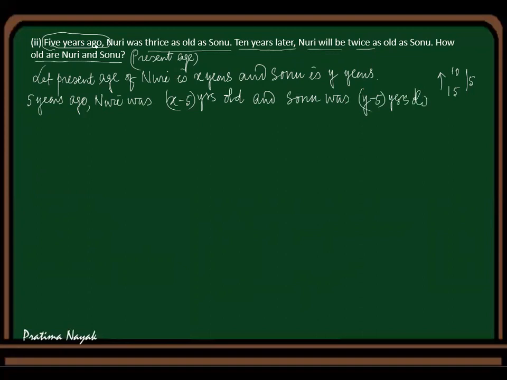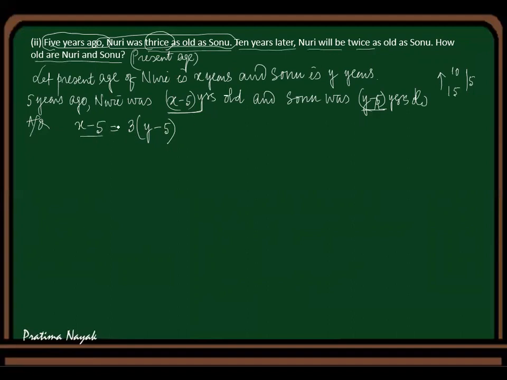At that time, the relation was Nuri was thrice of Sonu. Nuri x minus 5, Sonu y minus 5. So according to the question, Nuri was thrice. Thrice means 3 times Sonu, 3 times y minus 5. This is the equation.